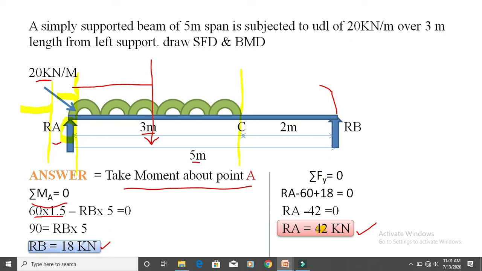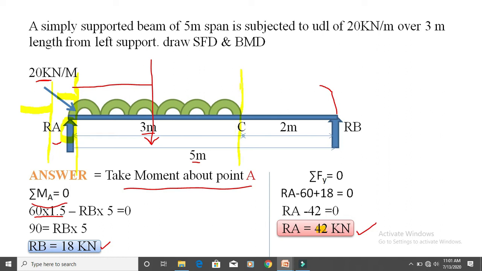If a point load is present, then you should draw left and right of that point. At C there is no vertical point load, so when calculating C left and C right, the answer is the same. So only consider shear force at C, which means this line should be drawn directly on the C.